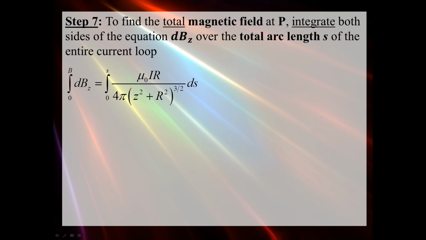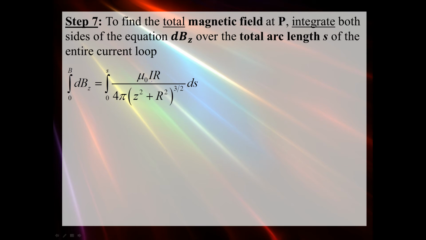And we're going to integrate mu naught I, capital R, over 4 pi times z squared plus r squared to the power of 3 halves multiplied by ds. Now, it seems like we're going to have to evaluate a really horrible integral, but it turns out that this is actually a really easy integral to evaluate because everything is constant.